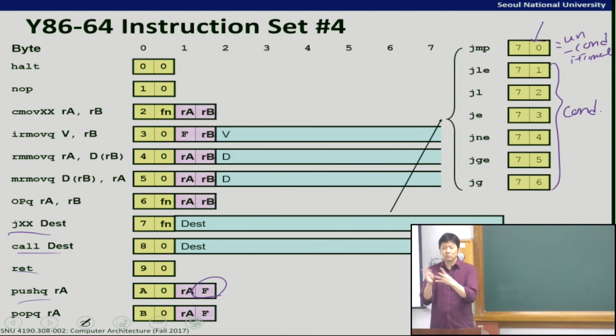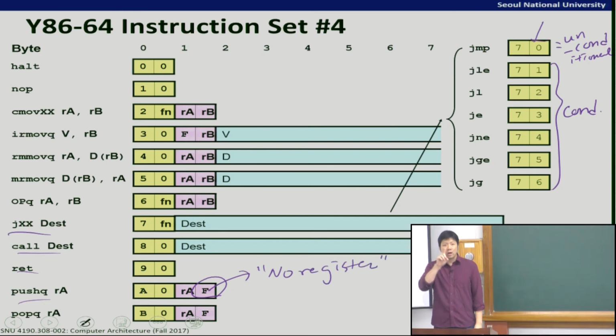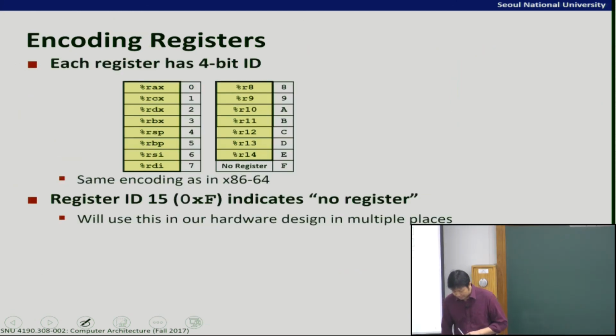Constant F as a register specifier is basically no register. Because in push and pop we only need one register specifier, the second register specifier is simply marked as F. F is basically no register. Because we actually have 15 registers.